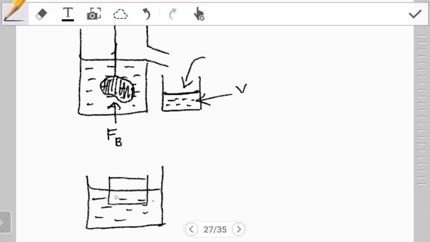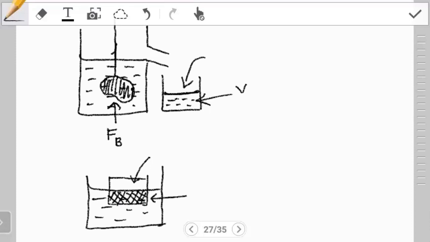In this case, it is important for you to note that the volume you actually have to work with to determine the buoyant force will be the section that actually gets into the fluid. You don't talk about the part that is outside. It doesn't contribute to the buoyant force. It is the section which actually gets into the fluid that contributes to the buoyant force this object experiences.